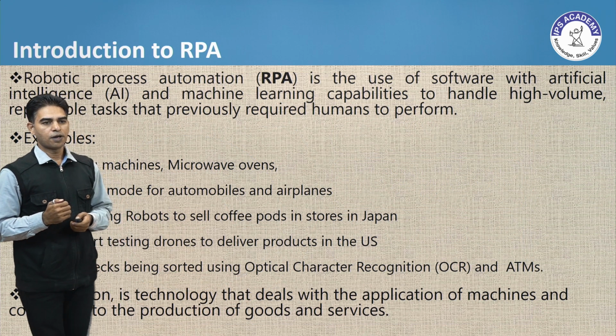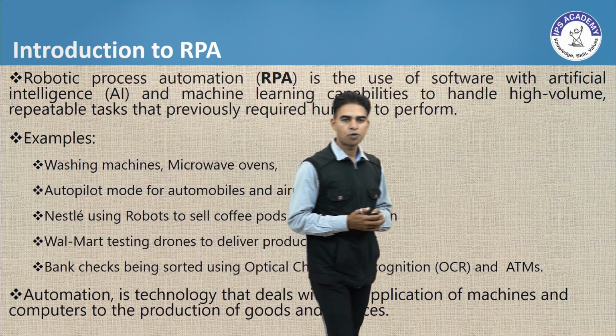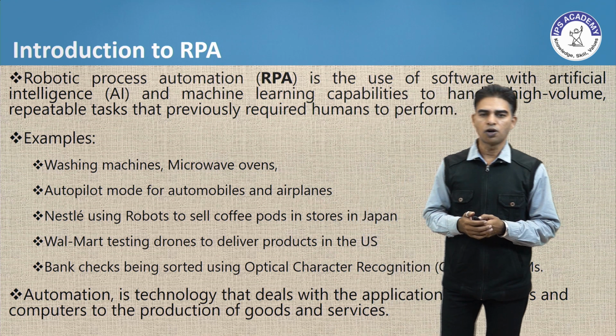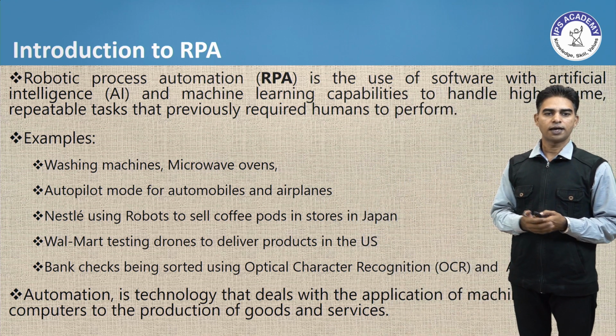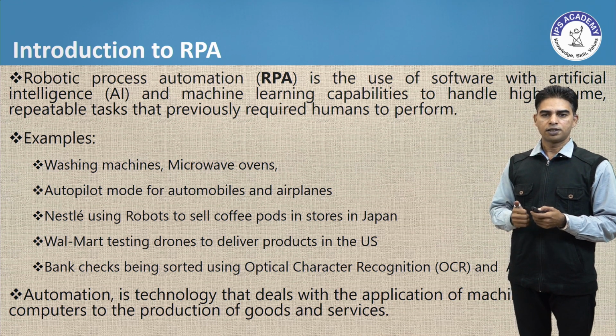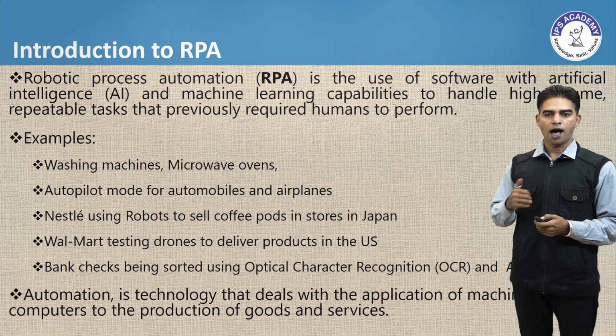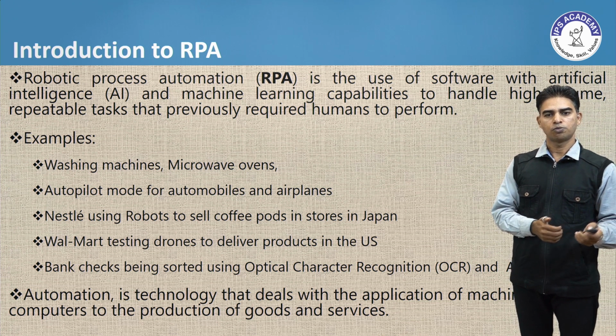When we see the introduction of RPA, robotic process automation is the use of software with artificial intelligence, meaning AI and machine learning. We previously understood what AI and machine learning are. So we will handle this capability for high volume and repeatable tasks that previously required humans to perform.